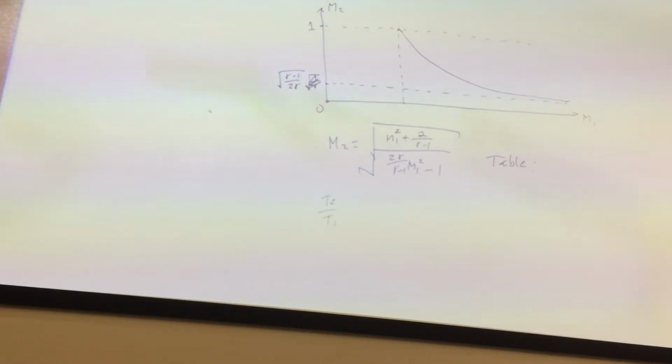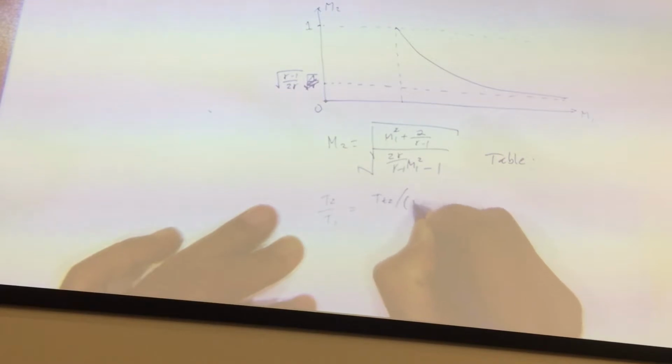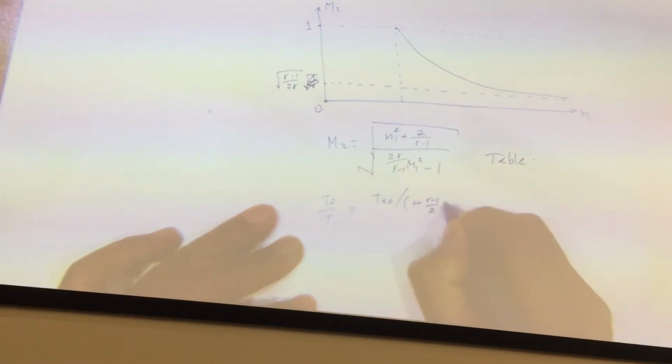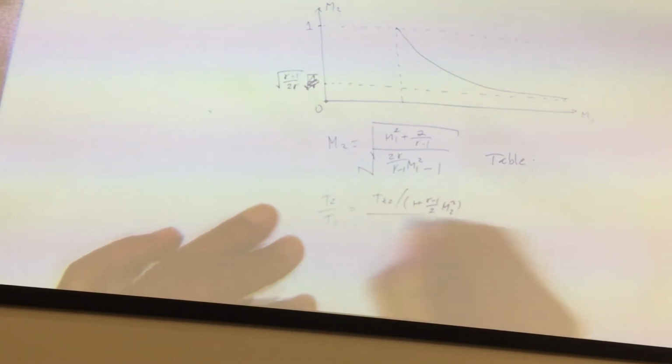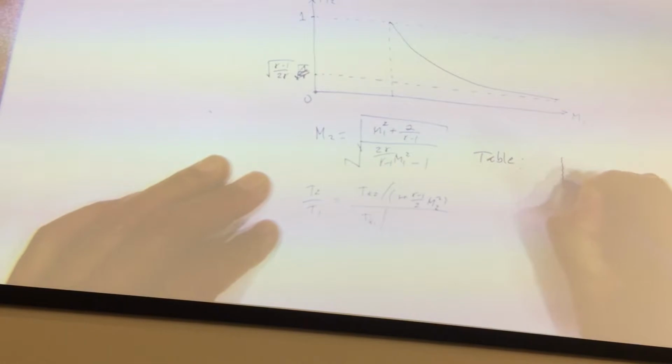It's a very rapid compression, right? And if it's adiabatic, TT1 is equal to TT2, remember? All right, so this is equal to TT2 divided by 1 plus gamma minus 1 over 2 M2 squared, divided by TT1. This is the total pressure upstream and total pressure downstream.